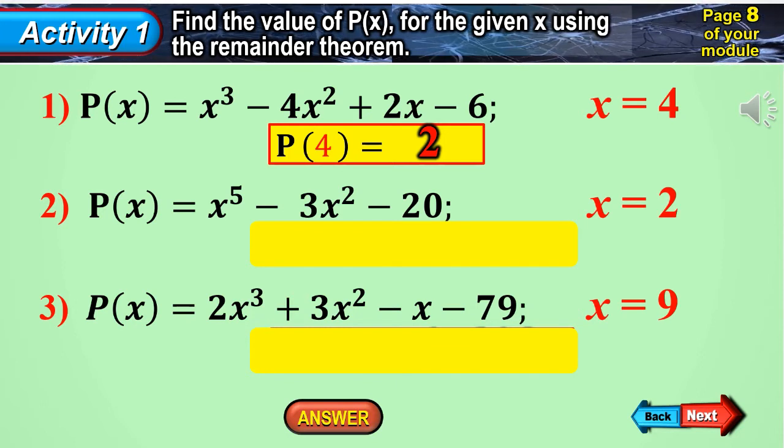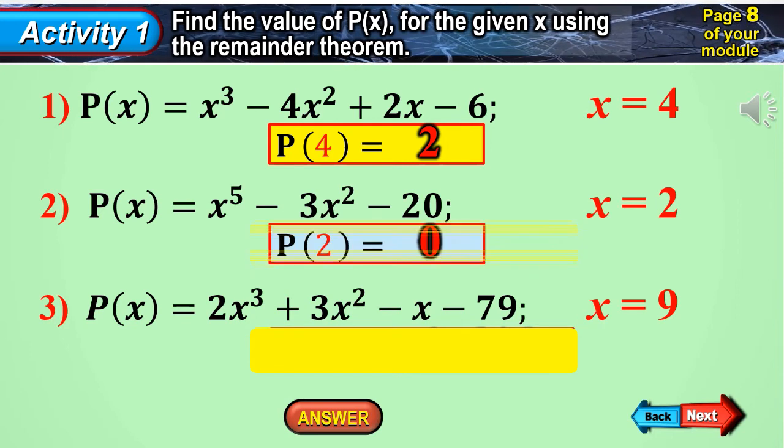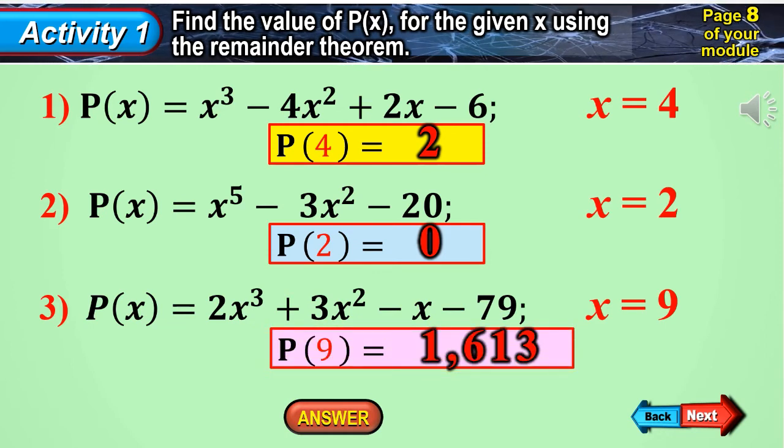Our x is 2. What is your answer? Okay, our P of 2 is equal to 0. The number 3, we have P of x is equal to 2x cubed plus 3x squared minus x minus 79. Our x is equal to 9.